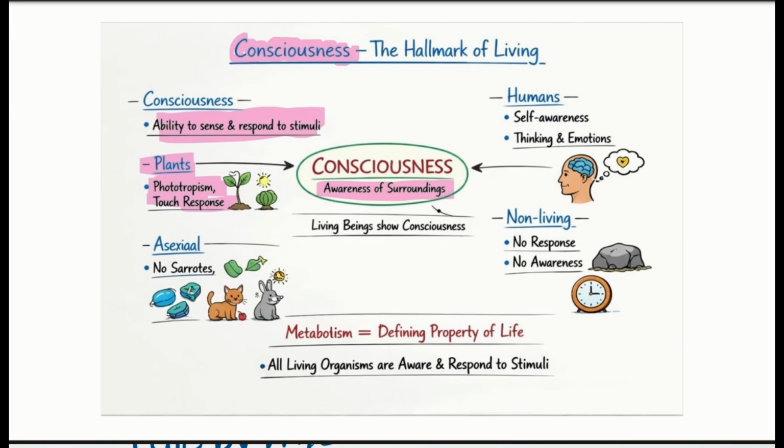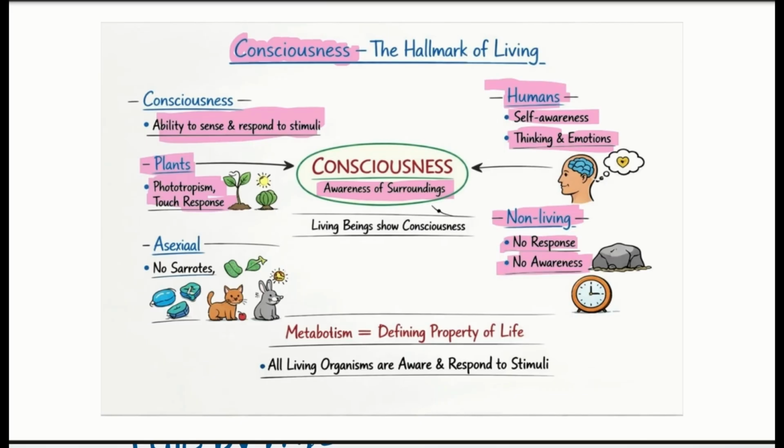This helps in their survival, and in humans consciousness is highly developed. We have self awareness. We can think and feel emotions, but non living things do not respond. They have no awareness at all. So what do we understand from this?